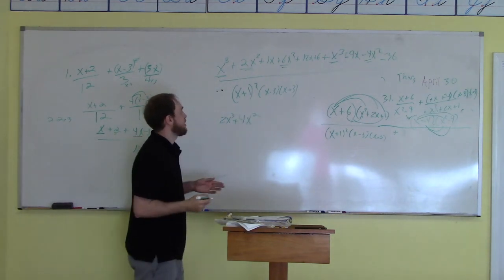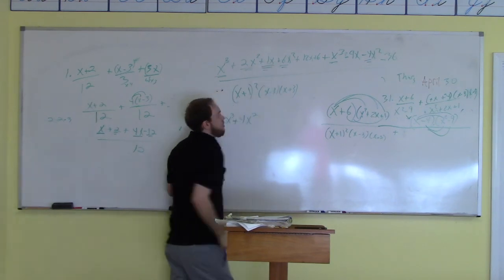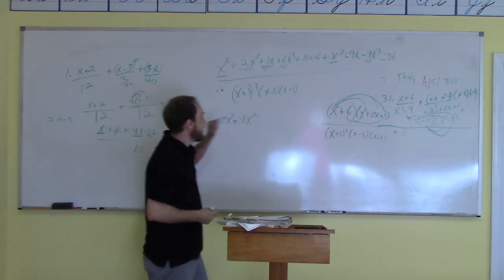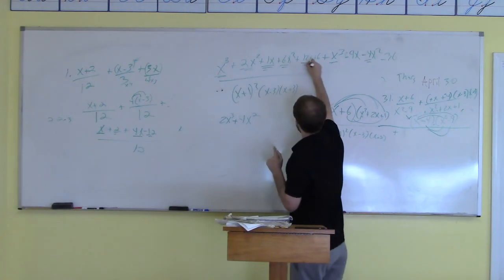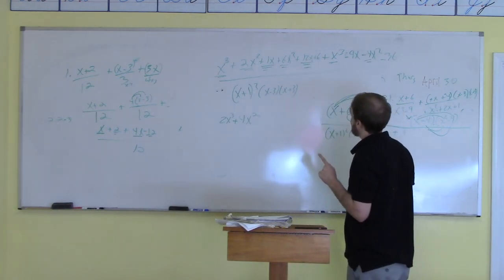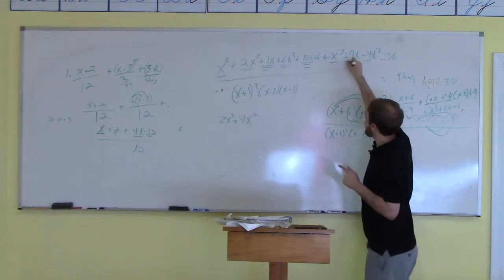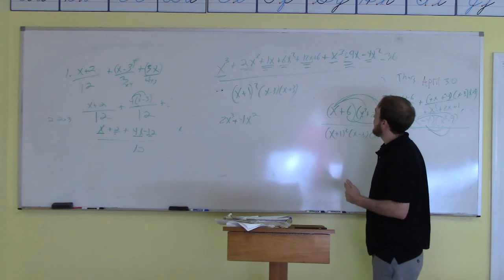Then I can do just my regular numbers. I have regular x's, so I have a 1x, a 12x, that's 13x. 13x minus 9x is negative 4x.